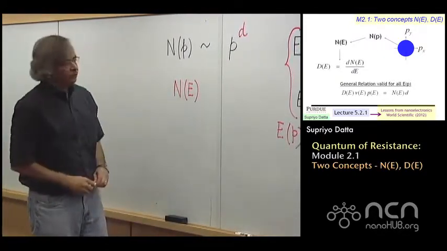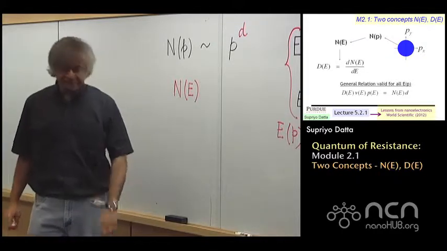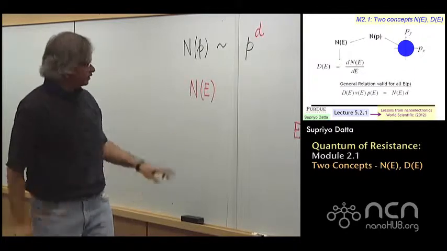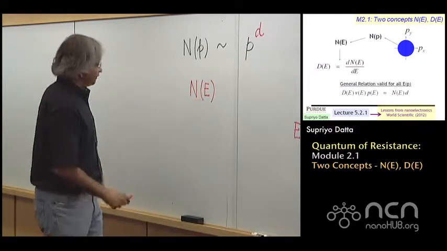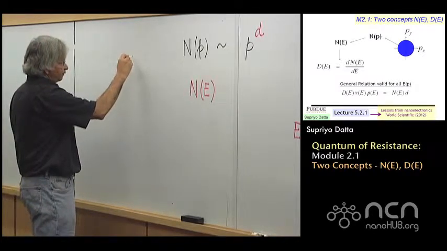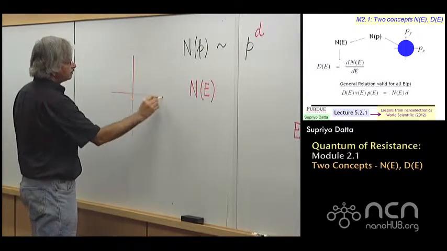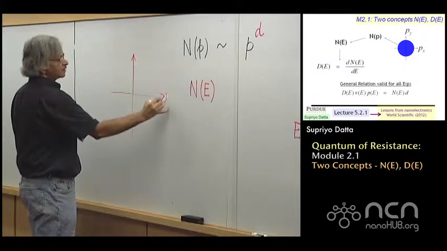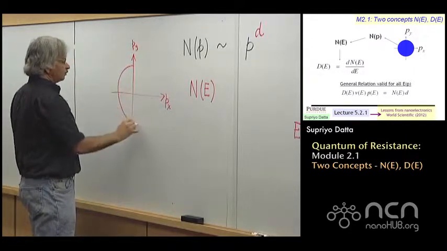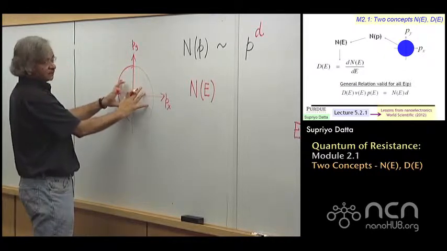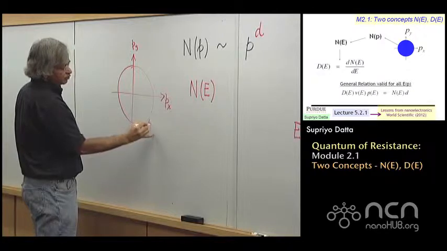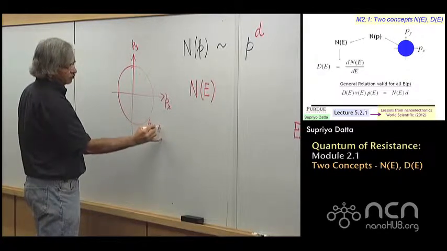Now, what we want is this density of states. That is, how many states are available in a given range of energies. So again, let me draw this picture that I just took off. That is Px, Py. You look at the total number of states inside this circle, that's N of P, and the P, of course, translates to a particular value of the energy.